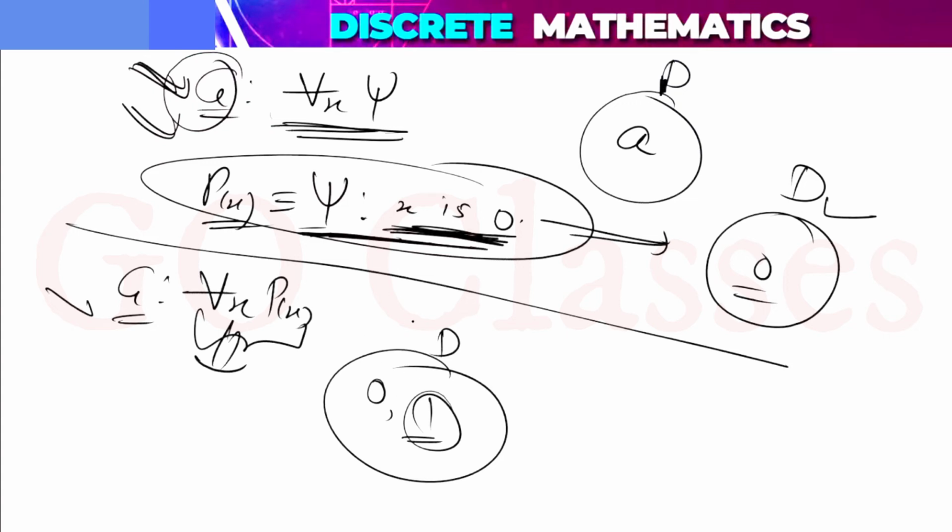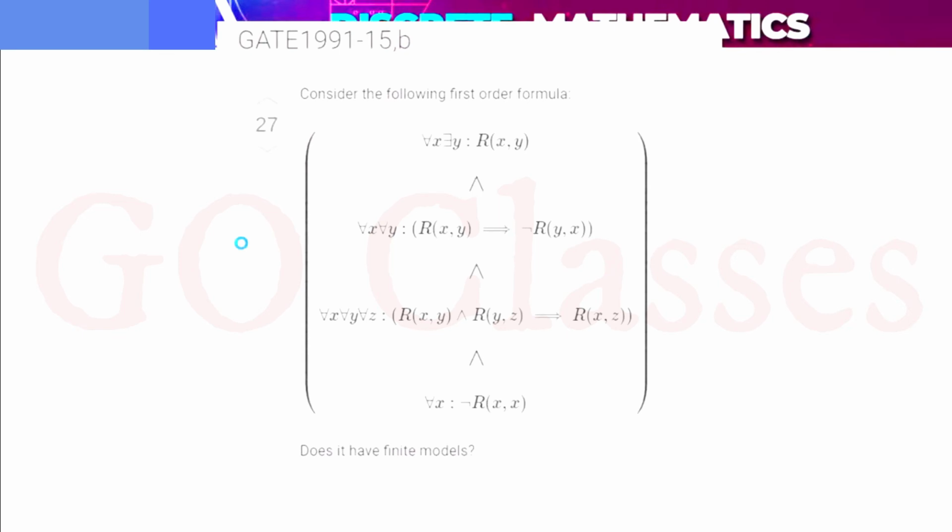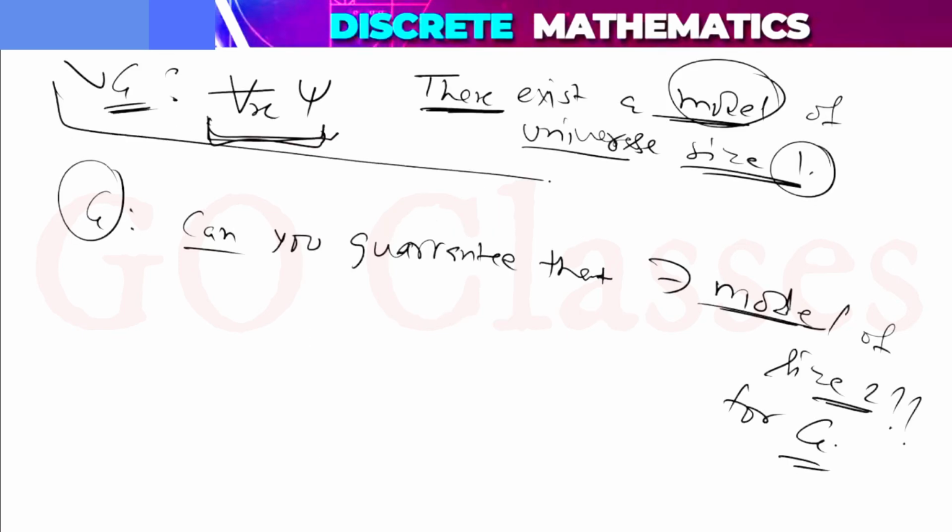Is this example clear? Let me know. This is a very easy example actually. Now we are going to take complicated examples also, but first you need to understand this. What I did in this example: first I satisfied the given condition.